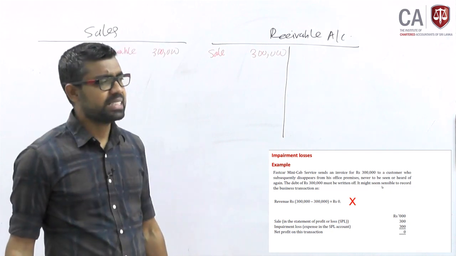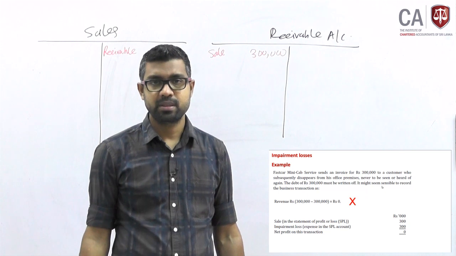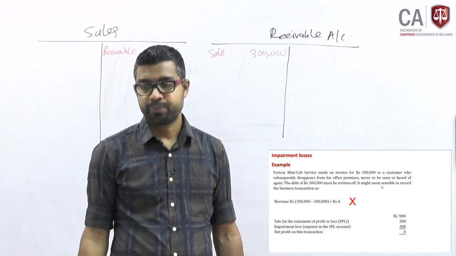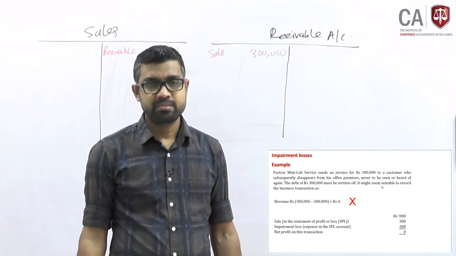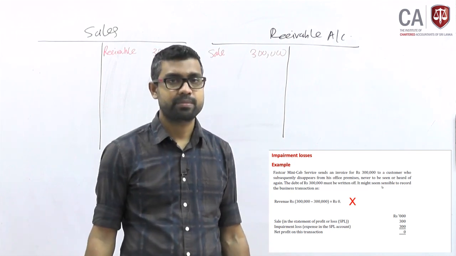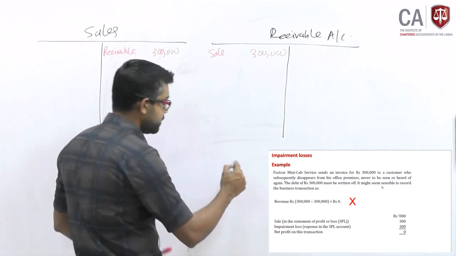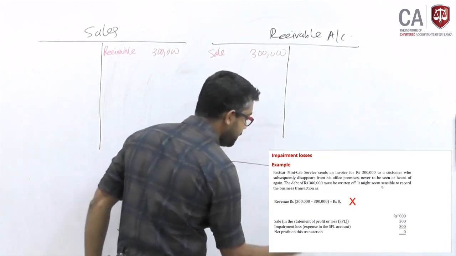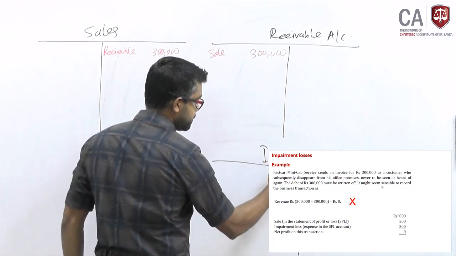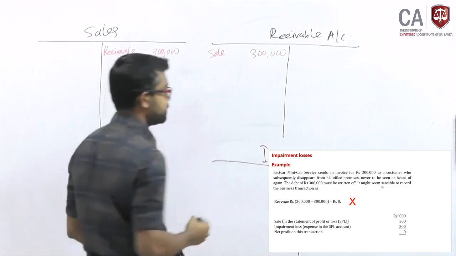Subsequently, you identify this debtor is not in his office premises, and never seen or heard again. Then complete write off, right? How do you write off? Double entry I told you, you have to open another account called impairment loss.